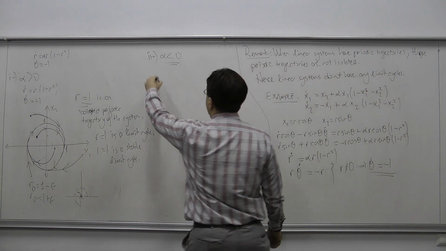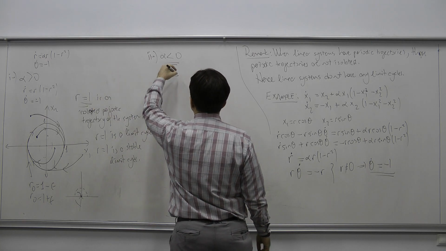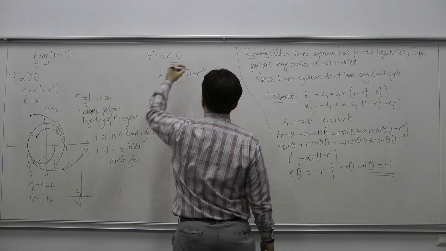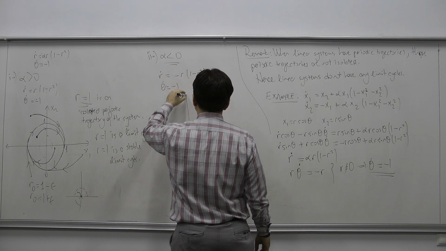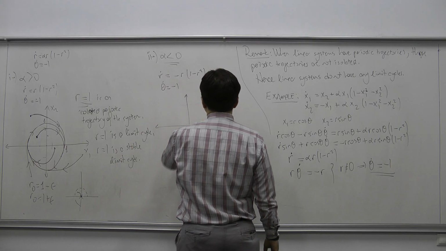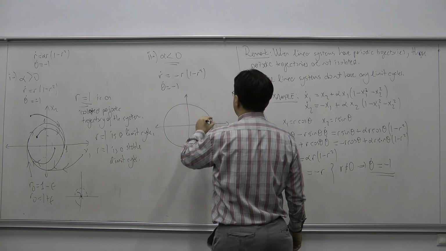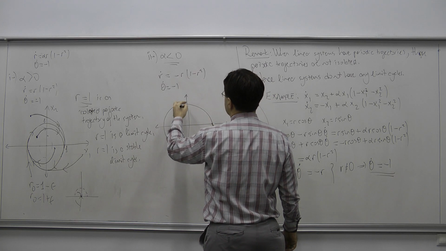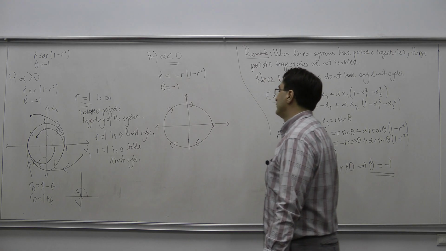In that case, I have r dot equal to, let us say alpha equals -1, minus r times (1 minus r squared) here. Theta dot is equal to -1 still. So you see that r equals 1 is still a periodic trajectory, and I have clockwise rotation like this.